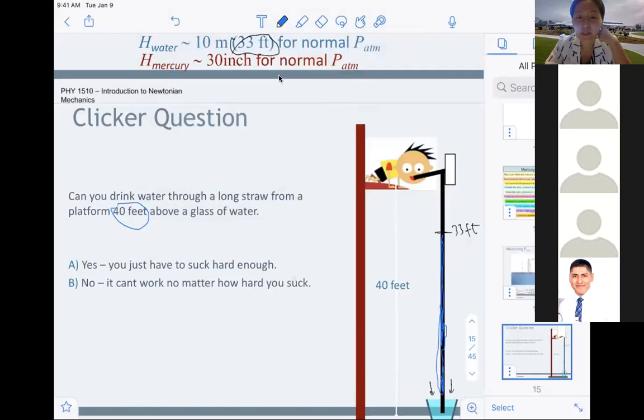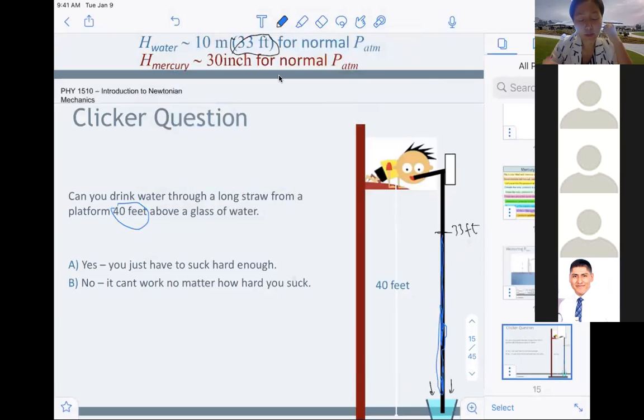That's how we feel, but it's not really us doing the work. By sucking, what you're really doing is just removing the air that's in the straw. You created a good enough vacuum, so that it's allowing the outside atmosphere to push the liquid into the straw, and then it got into your mouth.